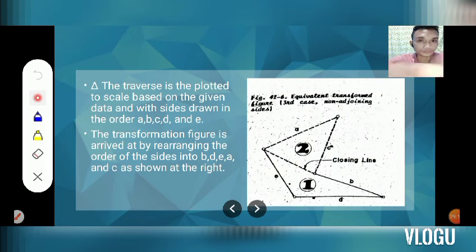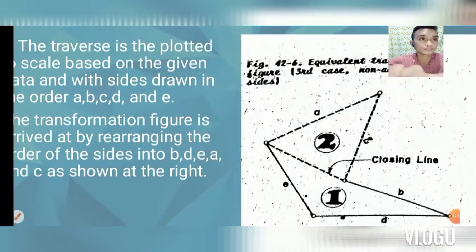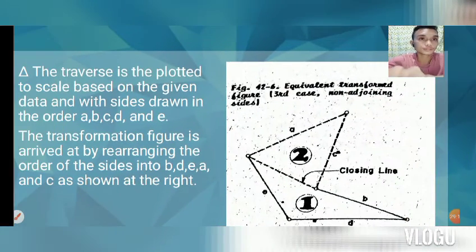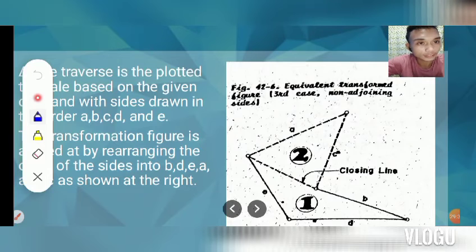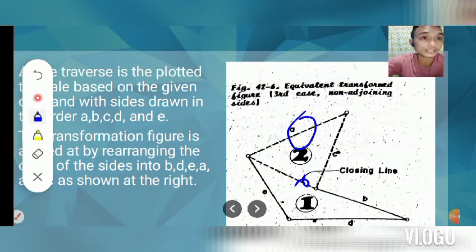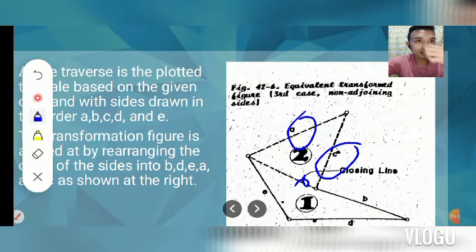So here, we put the closing line here because our unknown bearings are A and C.